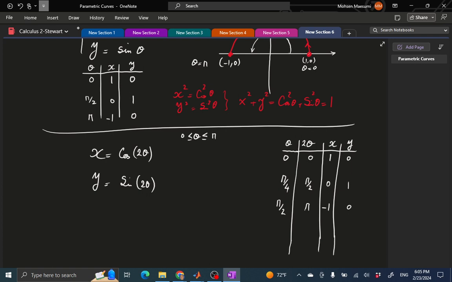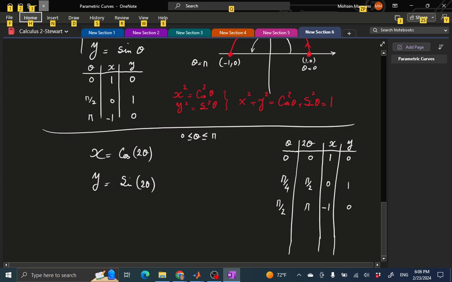Now we wonder if theta keeps going, the limit of theta going as far as pi. So if I go all the way, here I have 3 pi over 2. This is going to be 3 pi over 4, and then this is going to be, of course, 2 pi.